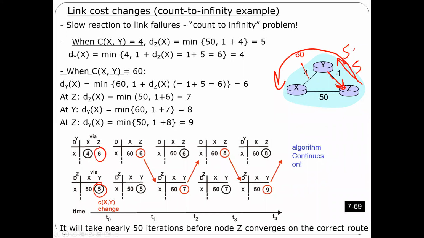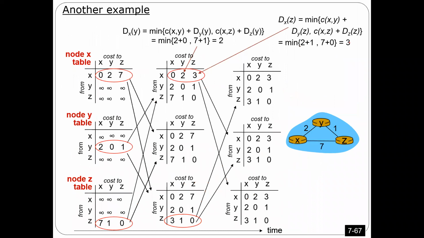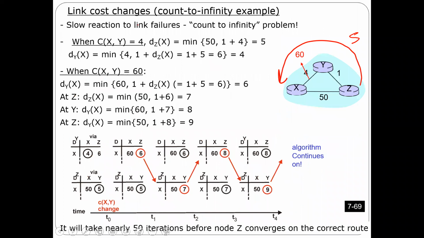Let me say it again simply. Z has an option to deliver a message to x through y, and this cost is actually 5. So if I use the same protocol I have right now without any modification, this is exactly what can happen.